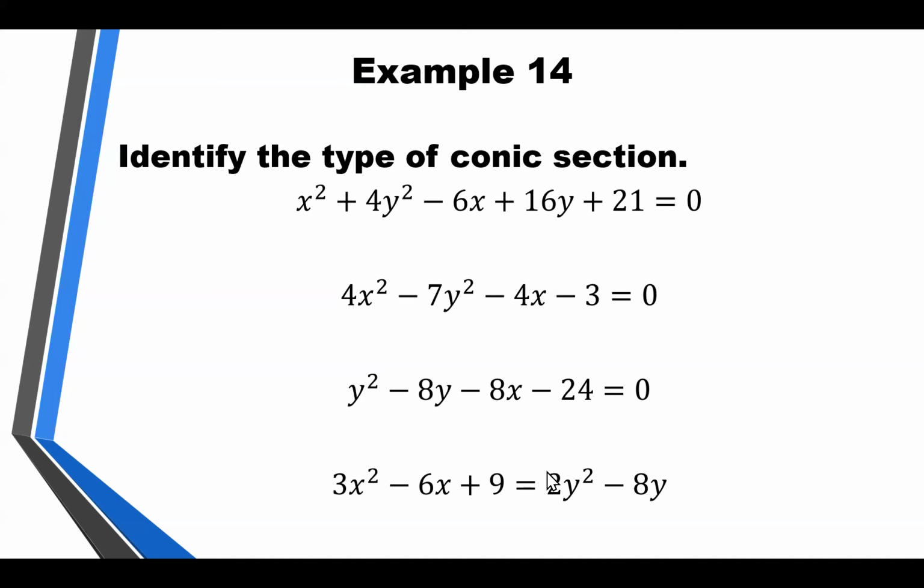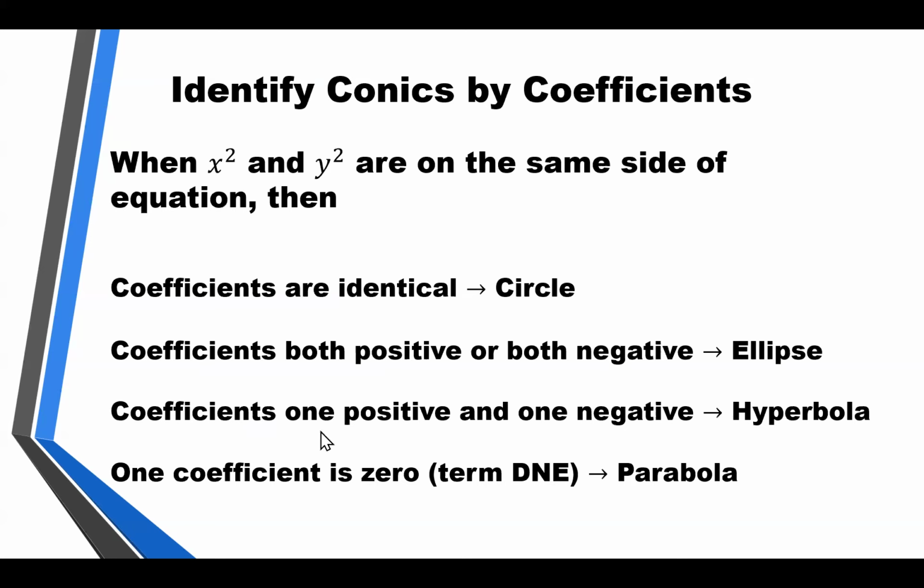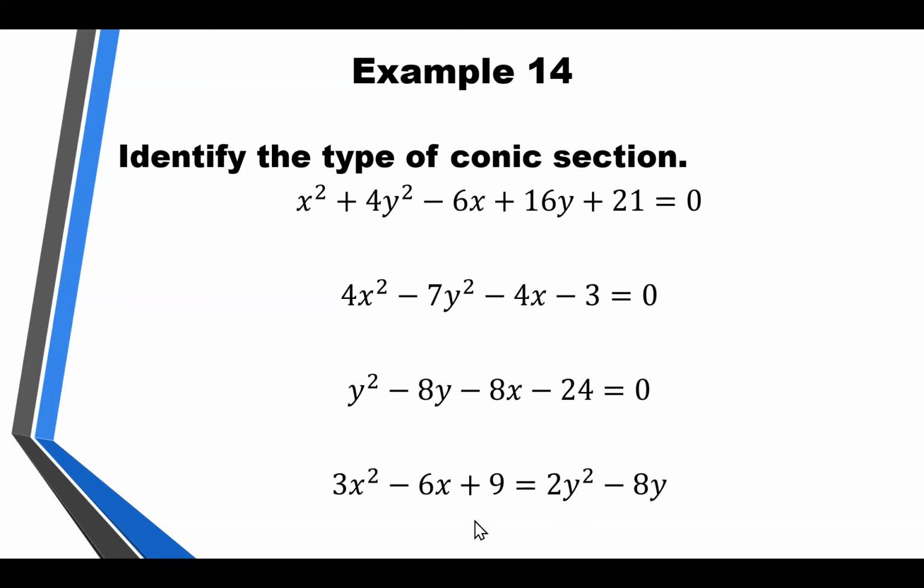In order for this rule to work, remember we want them on the same side of the equation. If I force these to be on the same side, I would subtract 2y squared from both sides, and I'd get 3x squared minus 2y squared on the same side. One coefficient's positive, one coefficient's negative. Therefore, this fourth equation is the equation of a hyperbola.